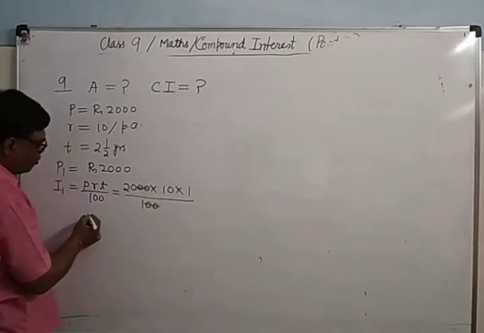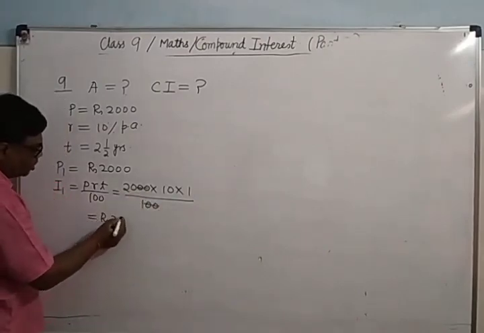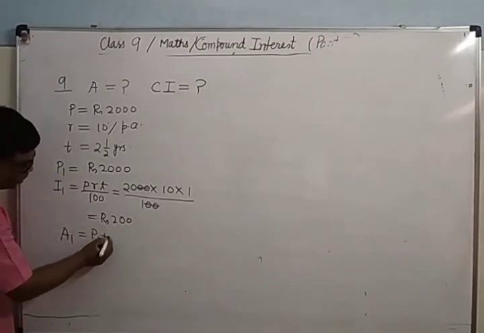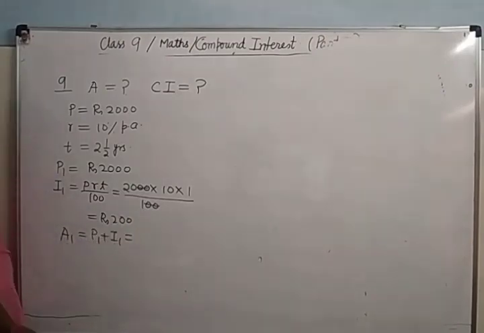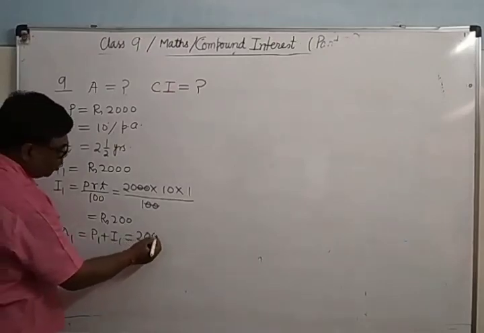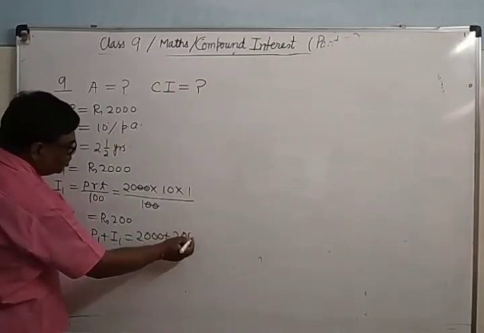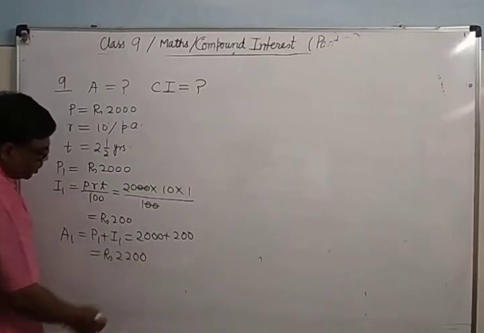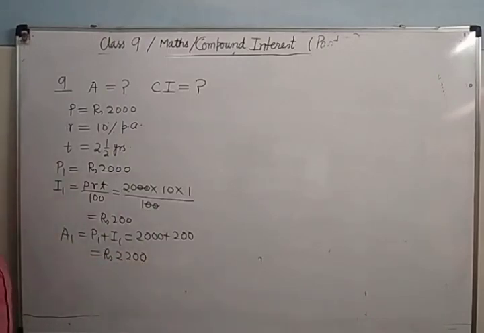So when you calculate, it is rupees 200. So what is A1? P1 plus I1, that is 2000 plus 200. So this is rupees 2200. This is the amount of the first year.